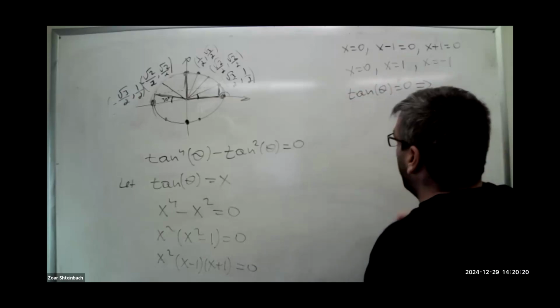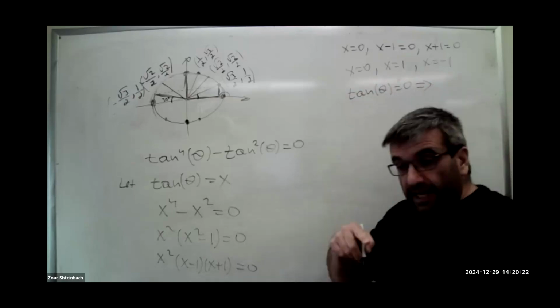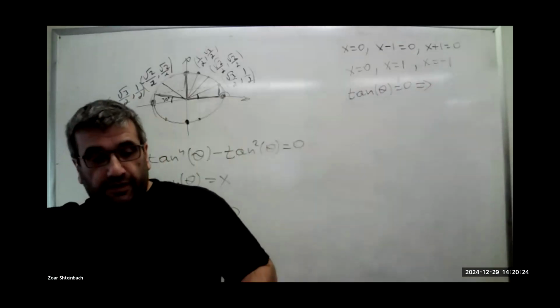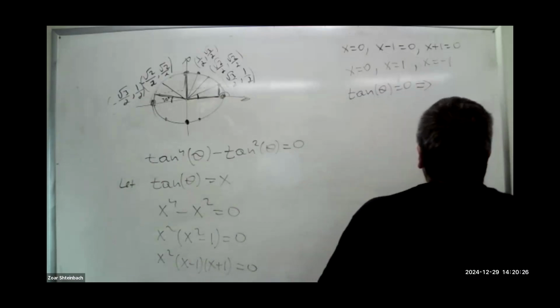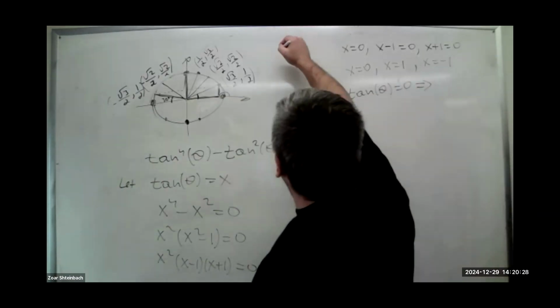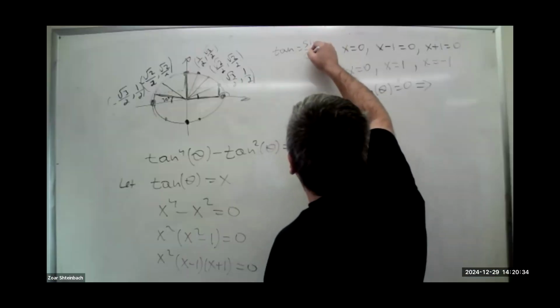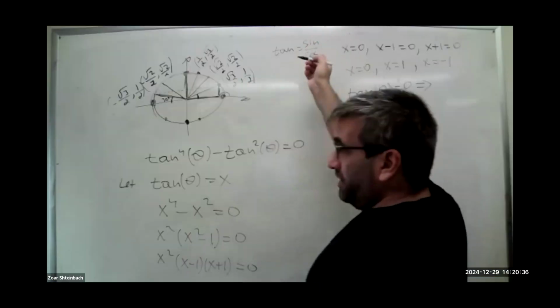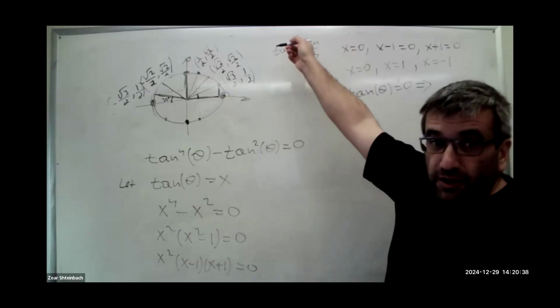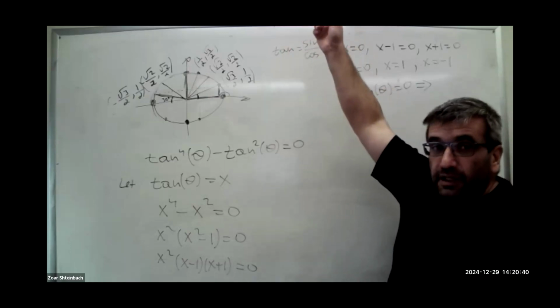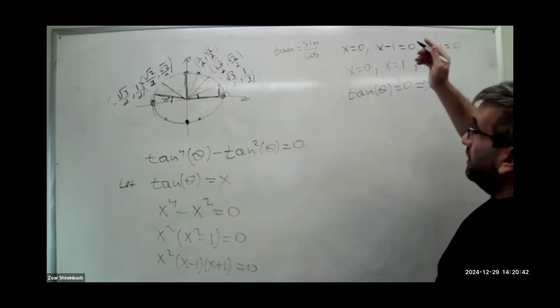When? Now remember the tangent is sine over cosine. It equals 0 when the numerator equals 0, when sine equals 0, not cosine.